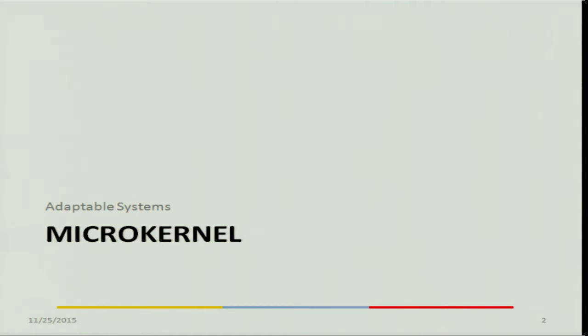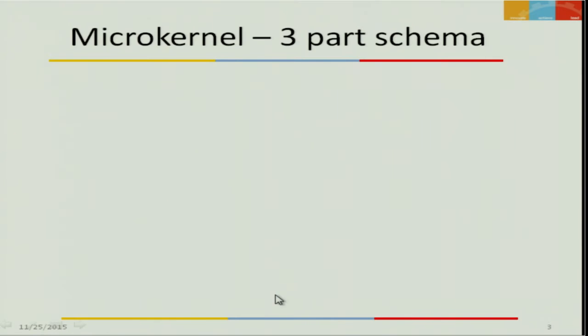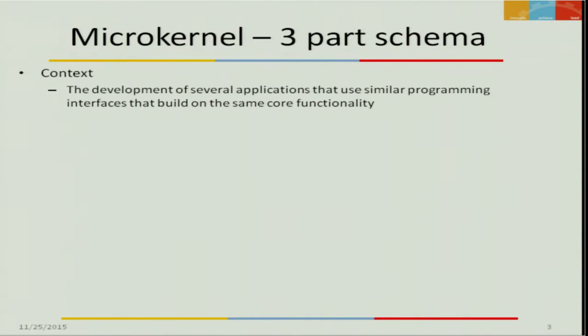Like other architectural patterns, the microkernel architecture pattern can also be described as a three-part schema. We have already explained this three-part schema in the context of other patterns. The first part is called the context. Context means the situation in which the microkernel pattern can be used.